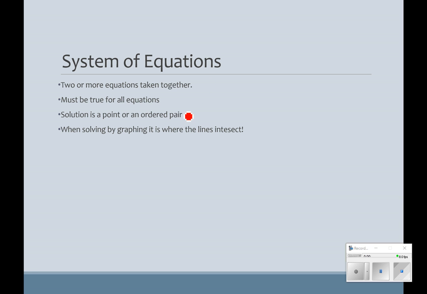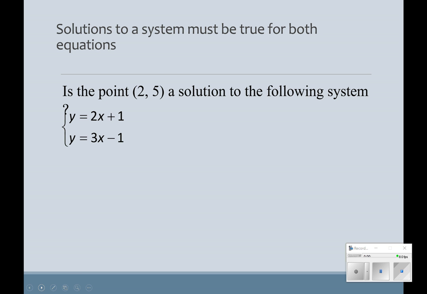A solution to one is just a point or an ordered pair, and for it to work, the ordered pair has to be true for all equations that are involved. And when we're solving, the solution is just going to be an ordered pair. So it's where the lines intersect, and it's an ordered pair.